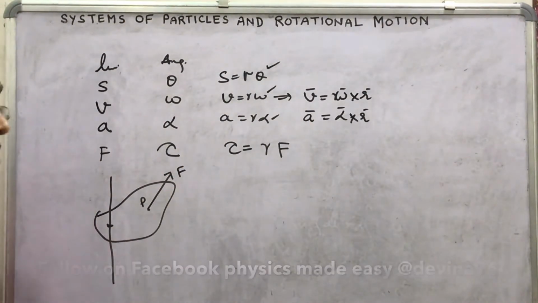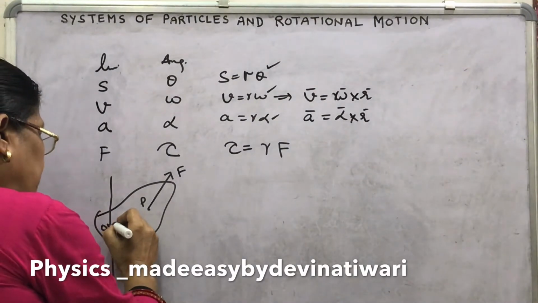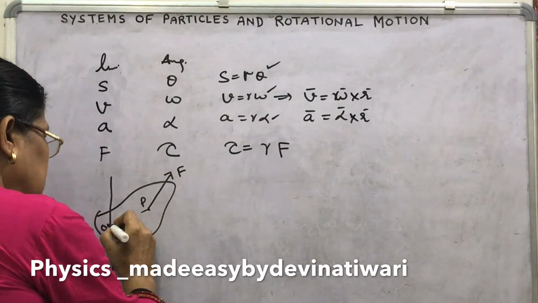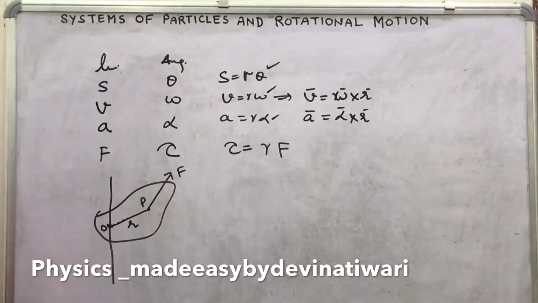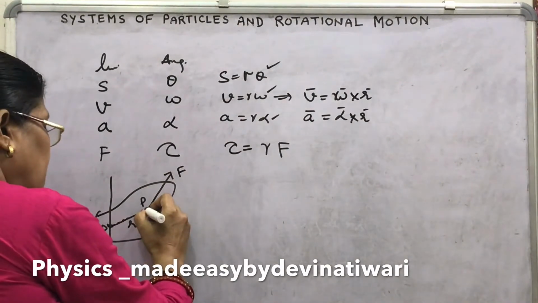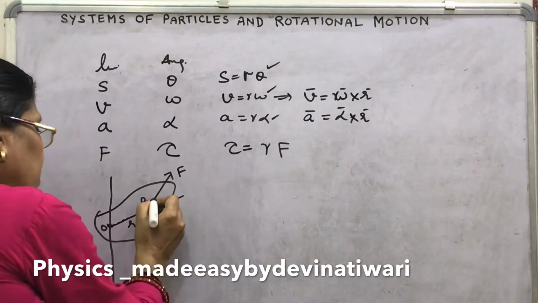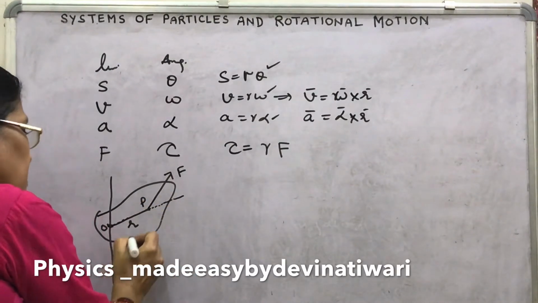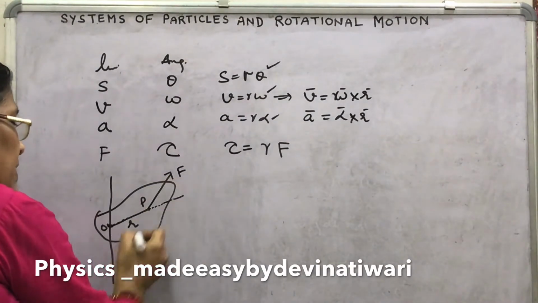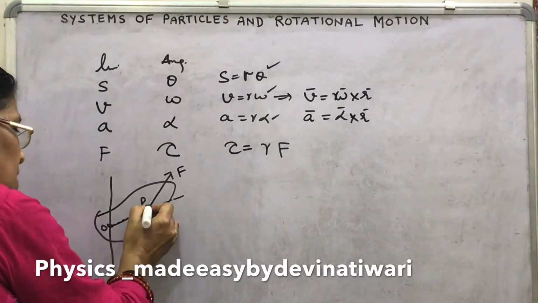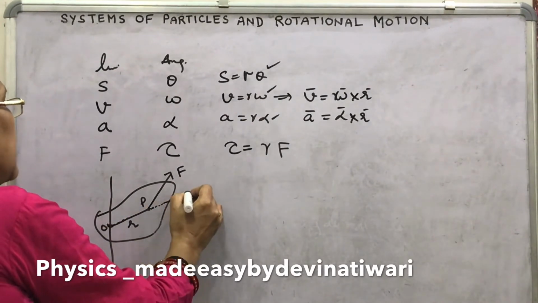If you join the point P with the origin like this, this is the distance r. Then this is called the position vector. If you extend the position vector in this direction, and if you extend the force vector forward or backward, then this is called the line of action. This is the line of action of force, and this is the position vector r.